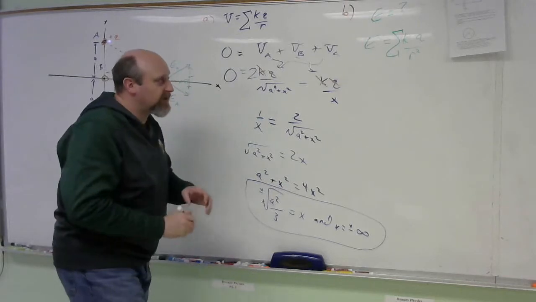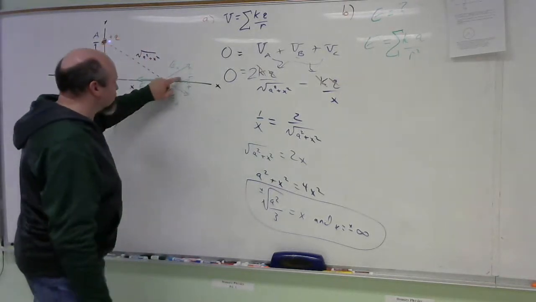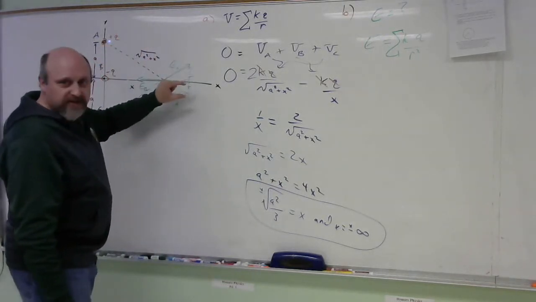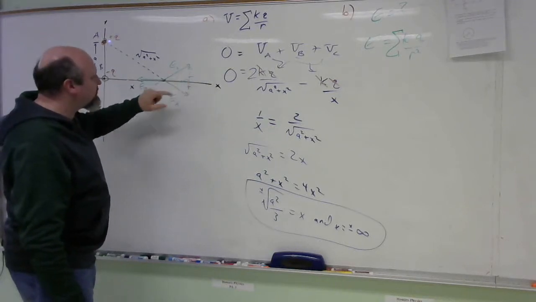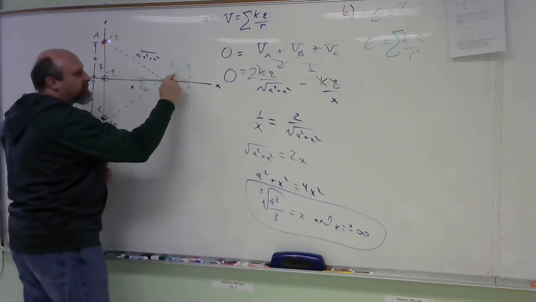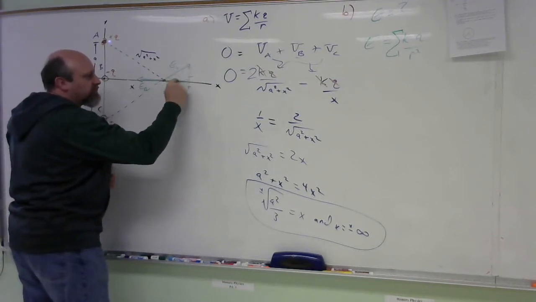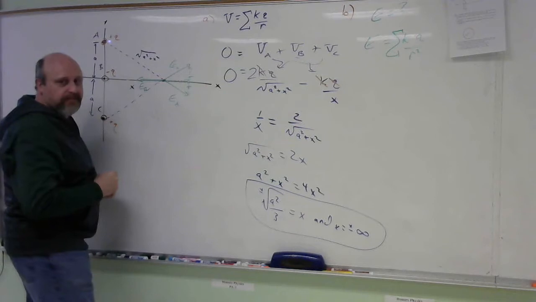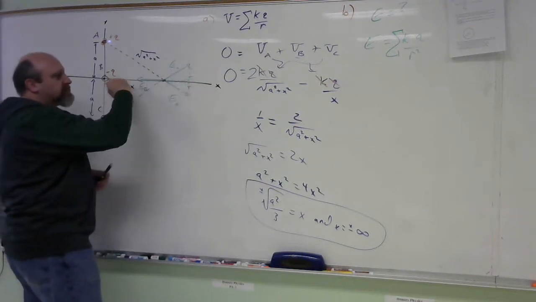But we have to be careful because E fields are vectors, and so they can partly cancel each other out. That's what's going to happen here. These vertical components will cancel out. So I really just need to add the horizontal component of EA, the horizontal component of EC, and then the EB, right? My total field is going to be along the x-axis.